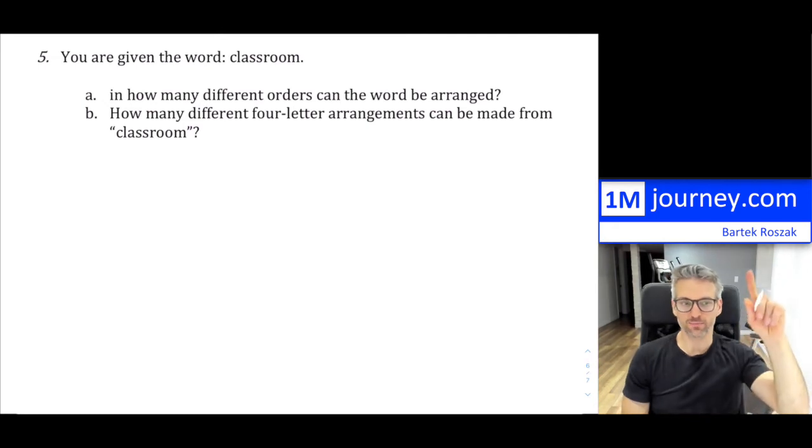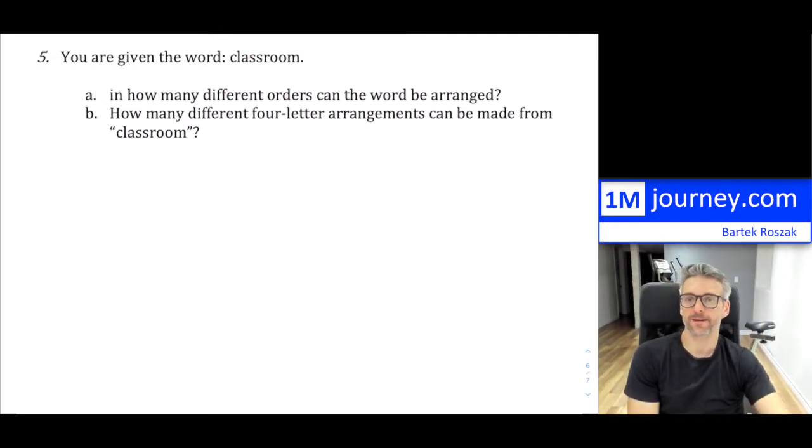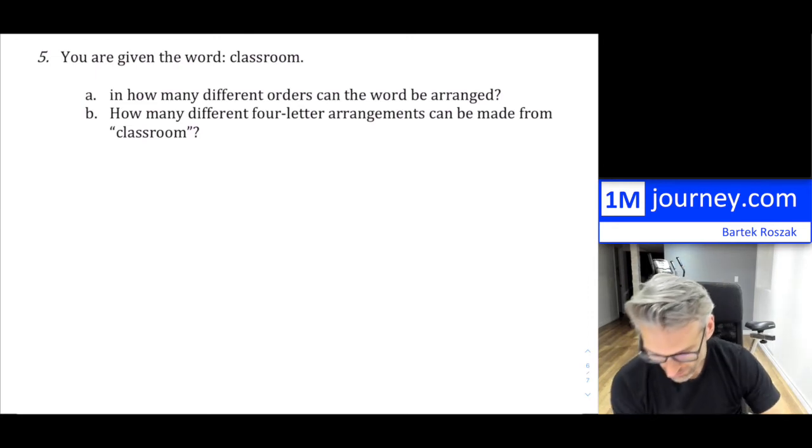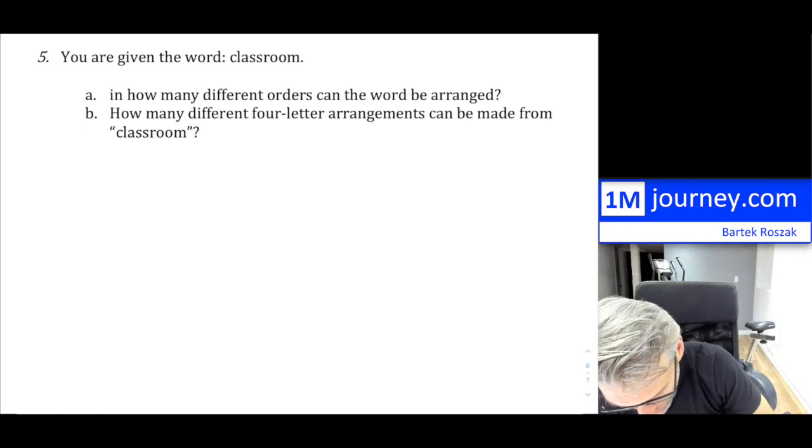I can put up a link above. I did a video with a little bit smaller example, so you can watch that before this one, because I present what I actually use. So for part A, in how many different orders can the word be arranged?